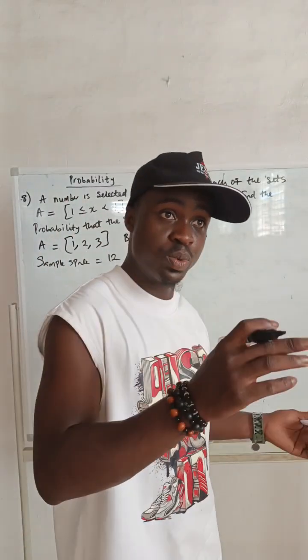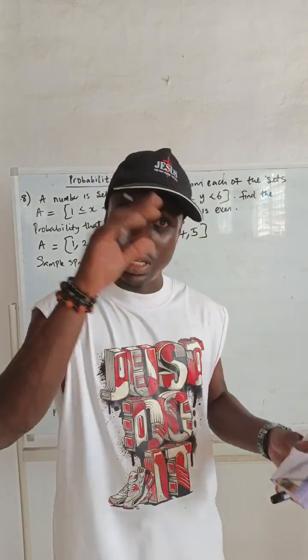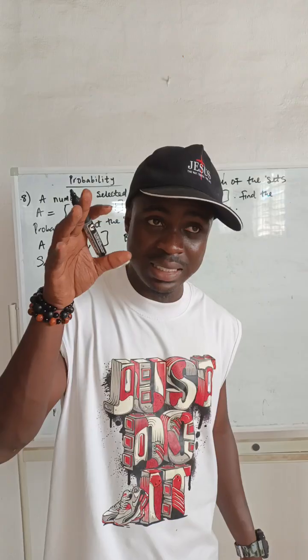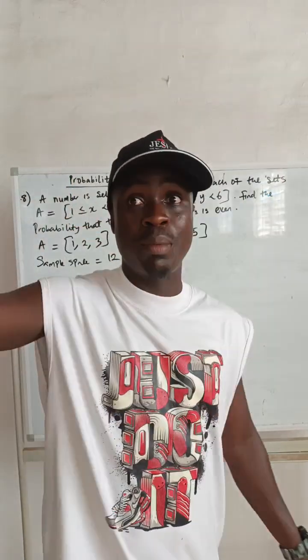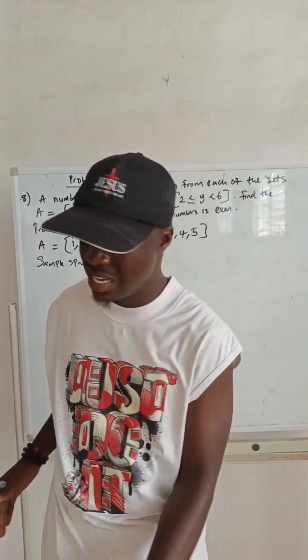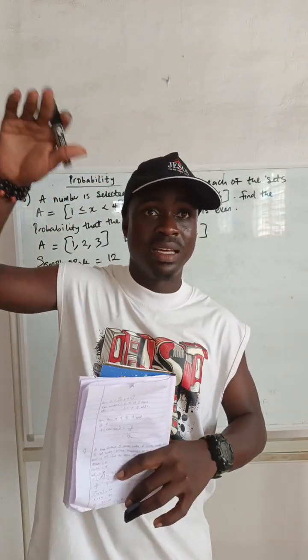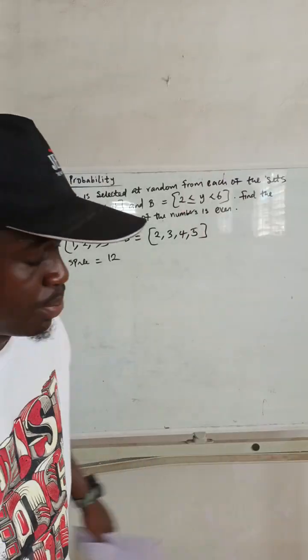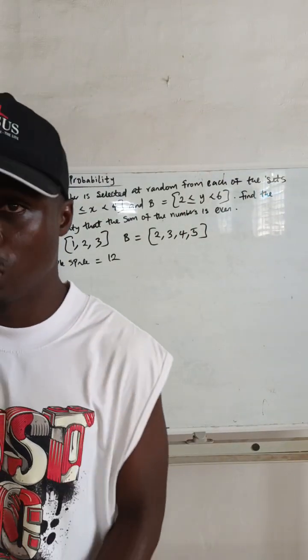When we have 2 dice, dice 1 and dice 2, the total number on the 2 dice is 12, but our sample space is 6 multiplied by 6, which is 36. So the sample space here is 12, that is 3 multiplied by 4.